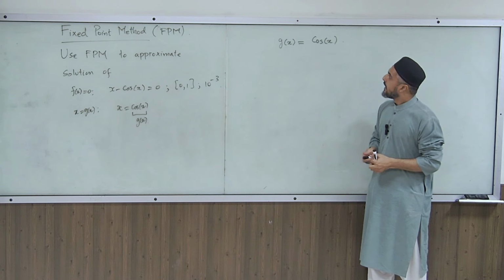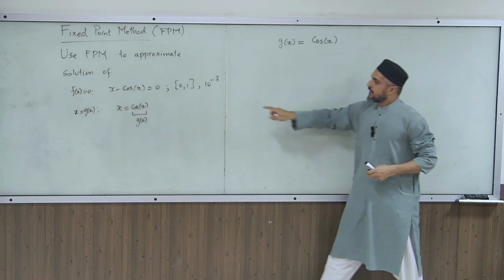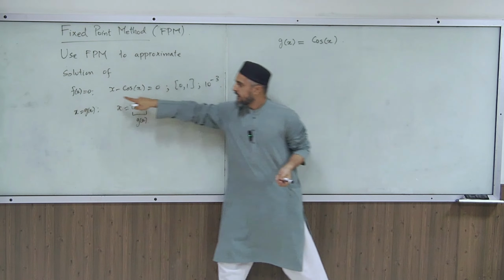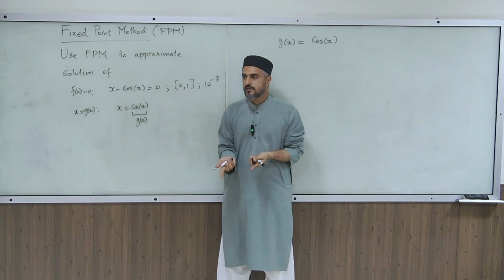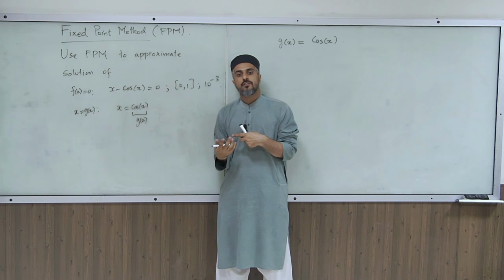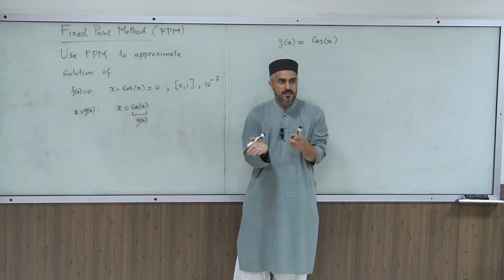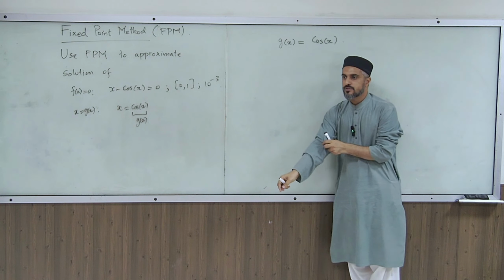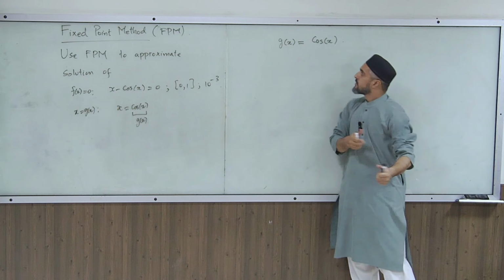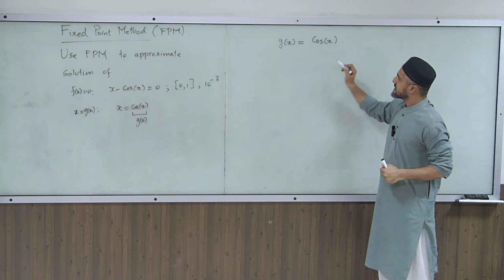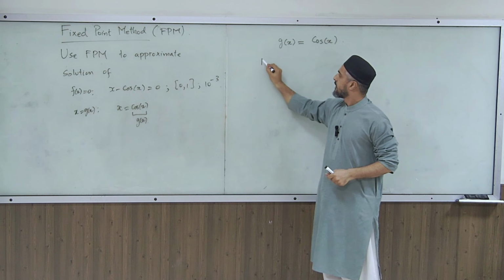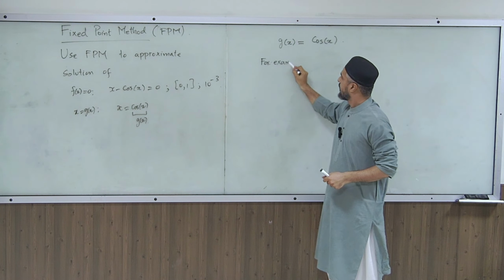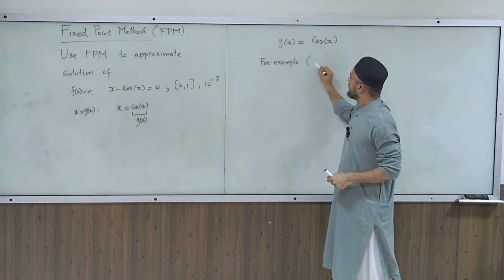This is the interval where I need to find a solution of f of x. The same will be the interval where I'll try to find a fixed point, because a fixed point is the same as the solution of a certain equation. So the interval is not going to change. Let's say, for example, I made a guess.